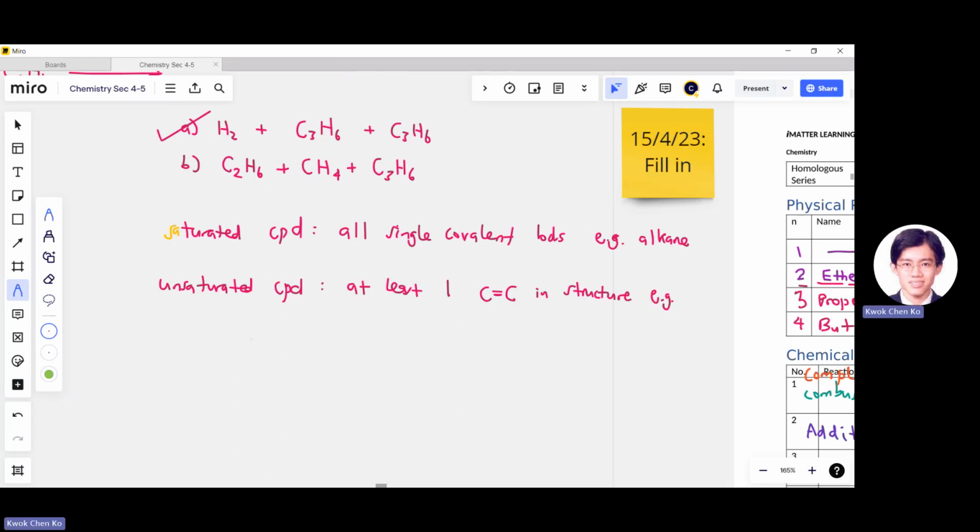For unsaturated, it would be alkene. One example in daily life for unsaturated compound is vegetable oils.